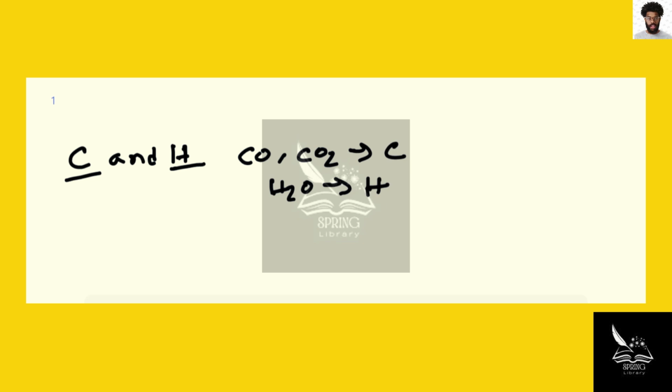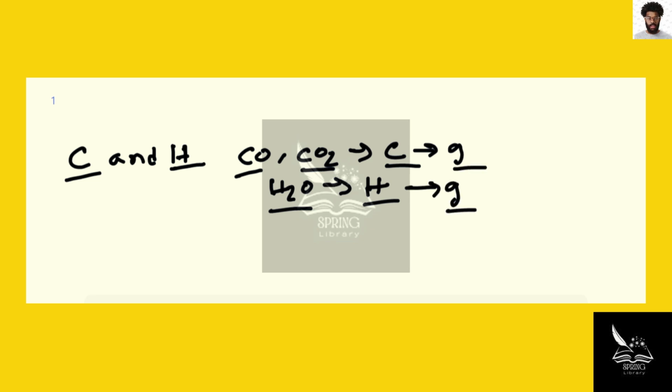So what we will do first, we will find out the number of moles of carbon monoxide, carbon dioxide, and water which is produced. From there, we will find out the number of moles of carbon and hydrogen which is being produced. And from those numbers of moles, we will find the mass of carbon and hydrogen in grams.